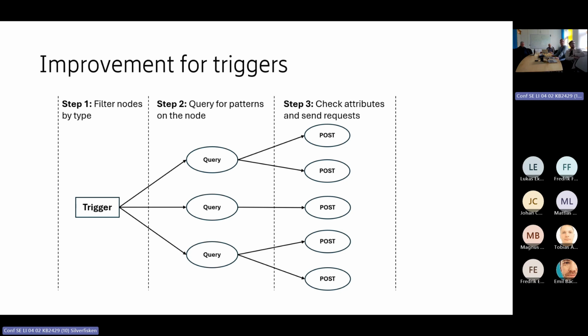But it's possible to split up the filtering of nodes, for example, into a separate trigger and then have different procedures doing the querying and the notification itself. So it's possible to reduce redundancies in order to achieve a higher number of active triggers without degrading the system. But we have not yet tested this kind of solution, so we don't know how well it would actually work. Okay.